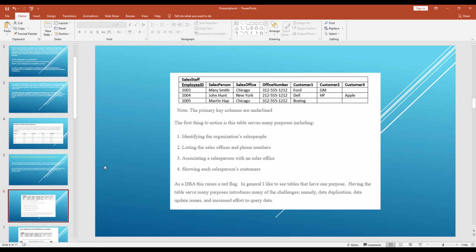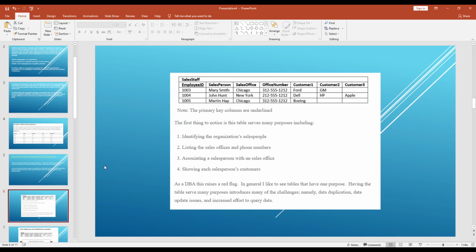Listing the sales offices and phone numbers. 3. Associating a salesperson with a sales office. 4. Showing each salesperson's customer.